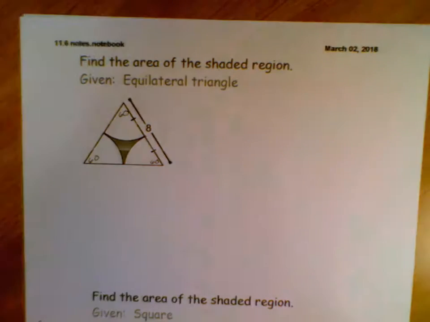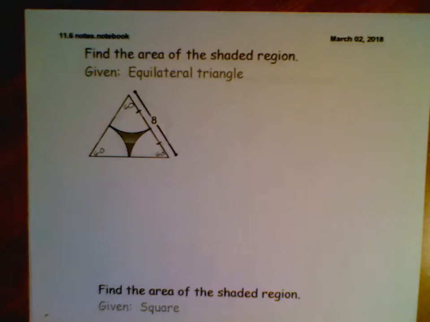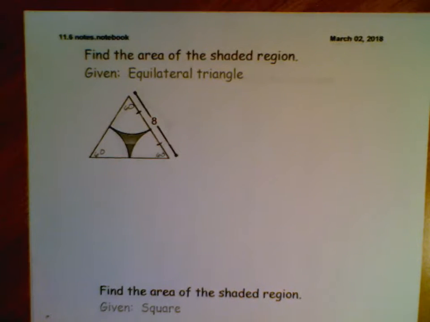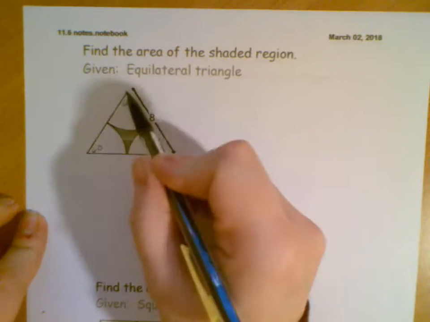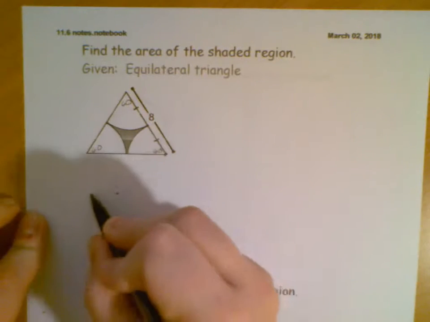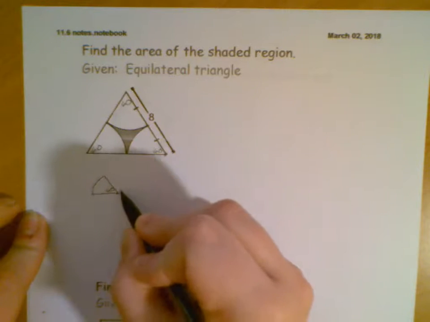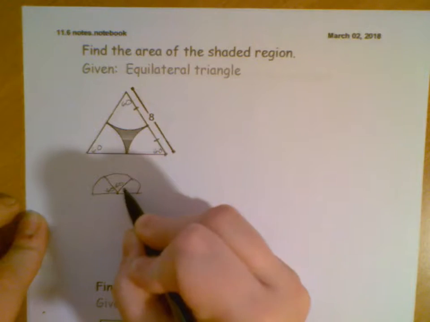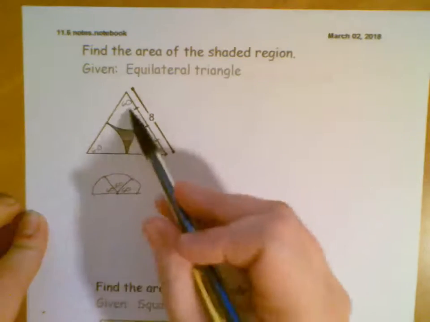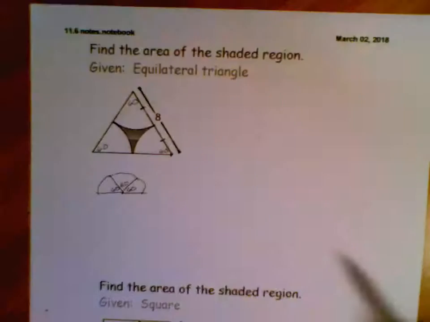They will together, if you put them together, so if you take these and you make these your center, and you draw a 60-degree angle here, and you draw a 60-degree angle here, and you draw a 60-degree angle here, these 3 corners essentially make a semicircle.